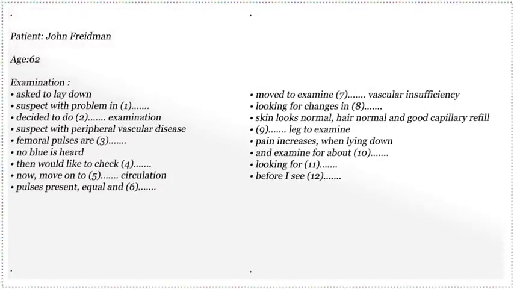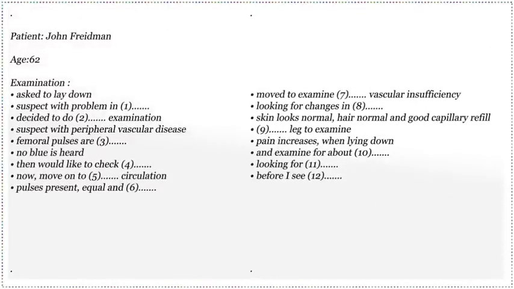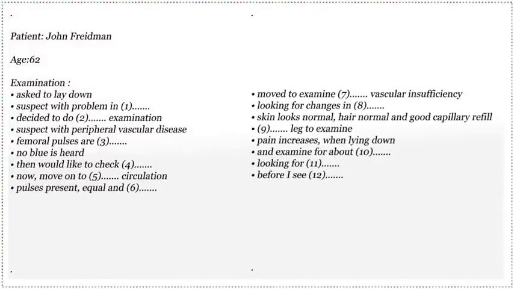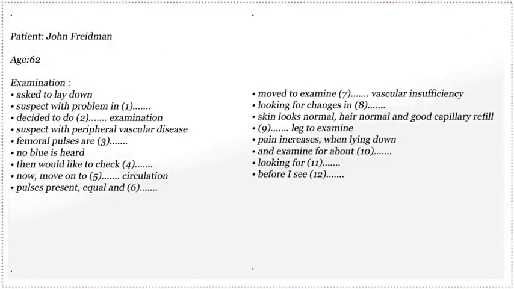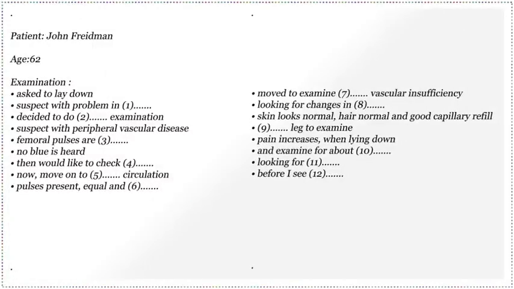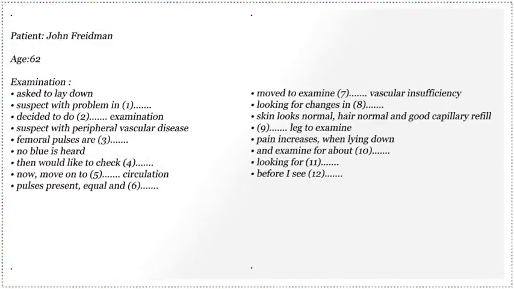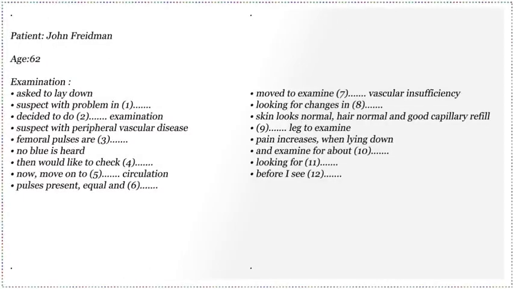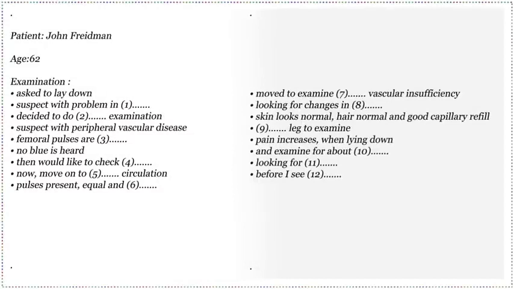I feel both pulses present, equal and bilateral. I'd now like to move on and do another examination looking for some of the physical signs of vascular insufficiency. And this would include looking for changes in the skin, hair on his feet, his nails, as well as looking at dependent rubor and pallor on elevation.